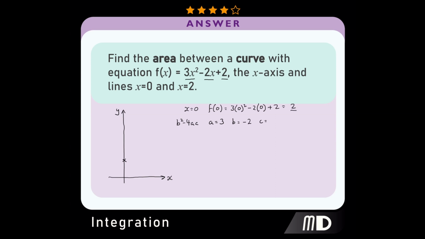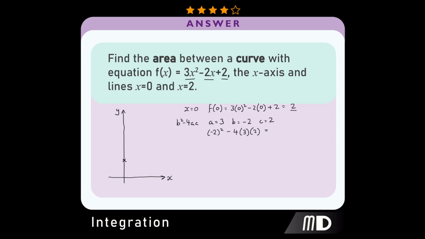And c, which is the number on the end, is 2. Then b squared would be minus 2 squared minus 4 multiplied by a, which is 3, and c, which is 2.